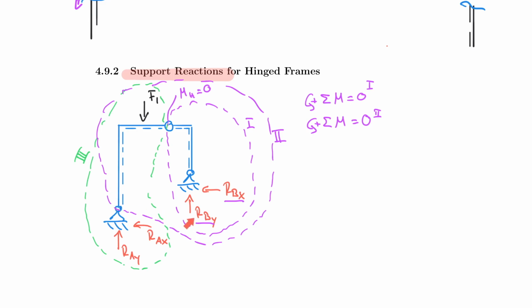For RBY, sorry, I might have said RBY before, so I meant RBX. RBX has the vertical distance and RBY has a horizontal distance. So effectively from here to here would be the distance for RBY. But ultimately, in all of these problems in hinged frames, you want to solve a system of two equations with two unknowns, in which you set up the same two unknowns in your system.